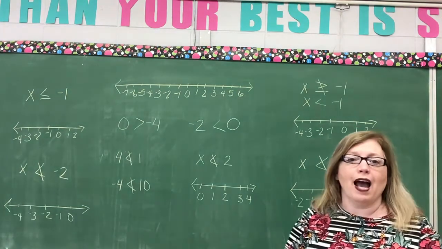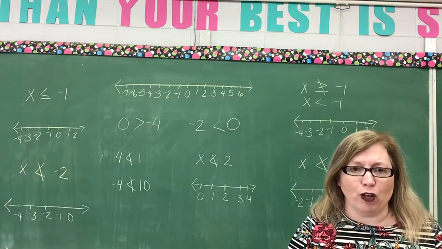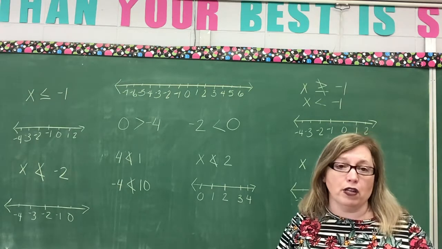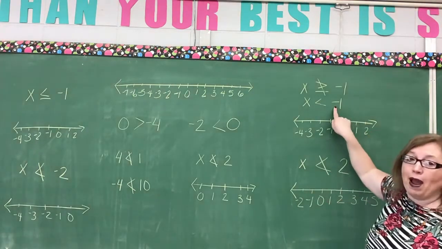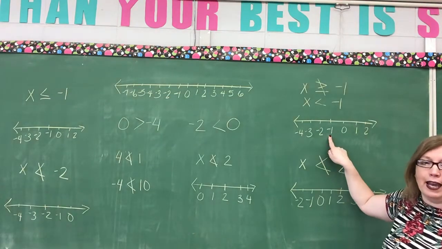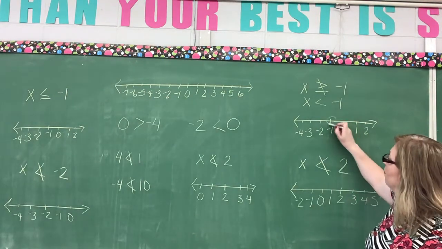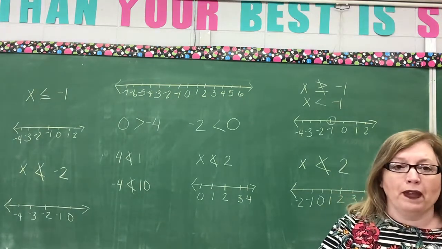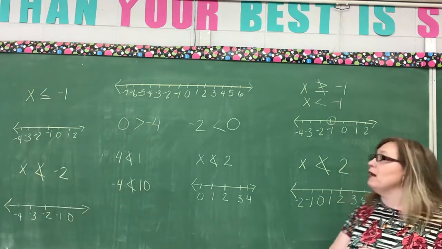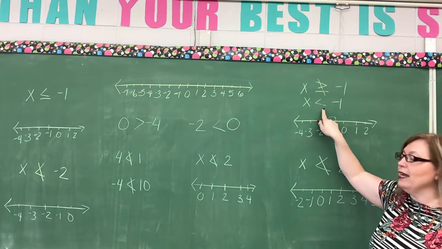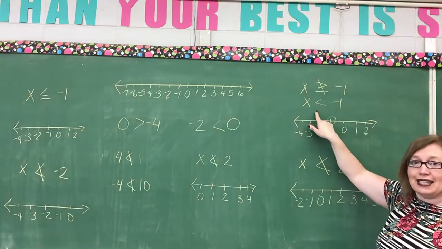Now, when you are graphing in algebra, you're going to go to the marker of the number. In other words, the number I'm using in this graph is -1. So I'm going to go to -1, okay? I'm going to circle that. I'm going to leave it open if my true statement does not say that it's equal. Okay, it says x is less than -1.